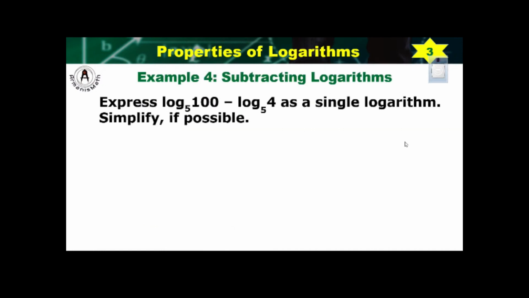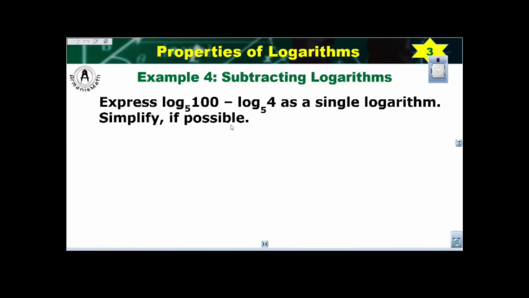Okay, here we go. This one says subtracting logarithms. Express log base 5 of 100 minus log base 5 of 4 as a single logarithm, and then simplify if possible. Subtraction in logs triggers division in my brain. So I'm going to rewrite again, log base 5 of 100 minus, please be neat in your writing.